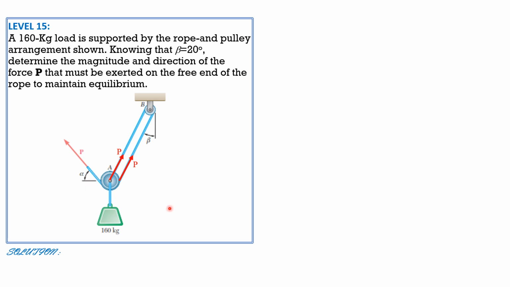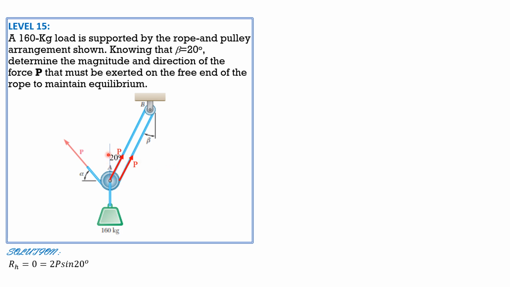So first, R horizontal equals 0. By the way, this is beta, which is 20 degrees with the vertical. So R horizontal is 0, and these two P's here with the same inclination have positive horizontal components.